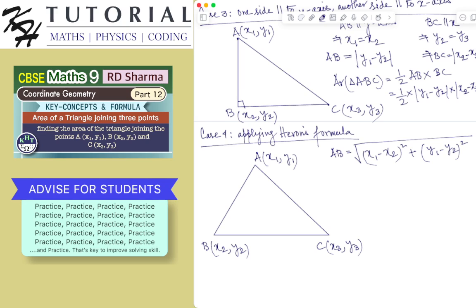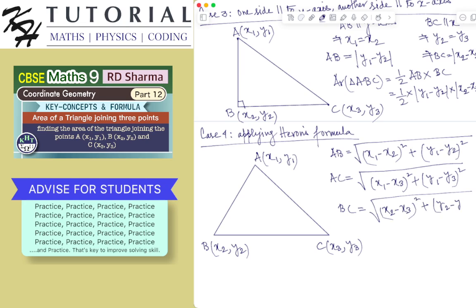Similarly, AC will be equal to the distance between the points A and C, square root of x1 minus x3 square plus y1 minus y3 square, and BC finally will be equal to square root of x2 minus x3 square plus y2 minus y3 square.